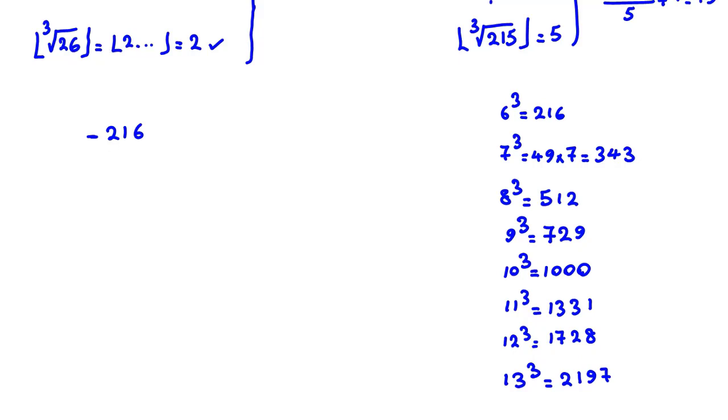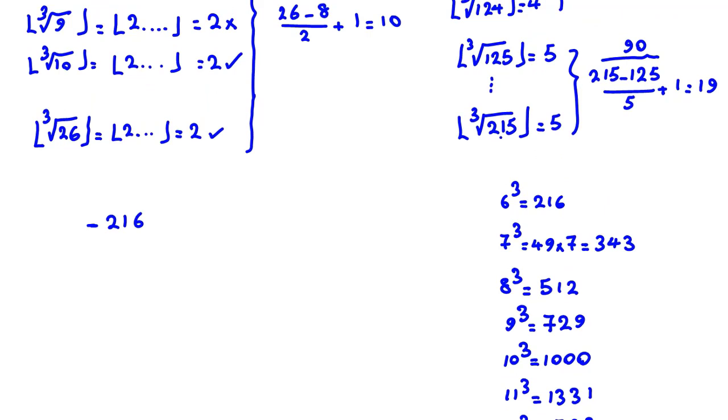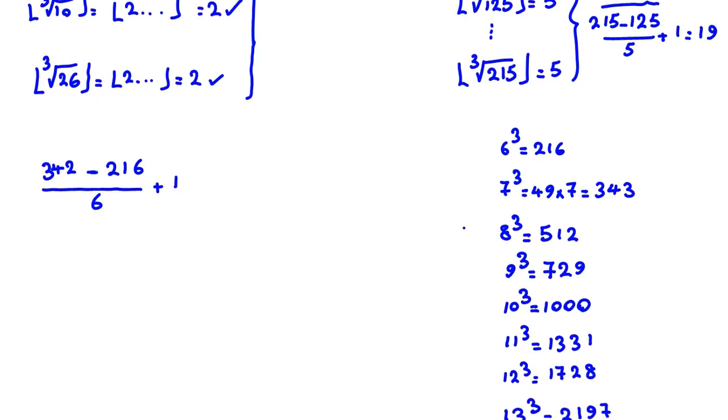So let's calculate this part. As you can see, for example, 215 minus 125 means 1 less than the next cube. The next one is 342 minus 216. It should be a multiple of 6, so it is divided by 6 plus 1. The next one is 511 minus 343 divided by 7 plus 1.